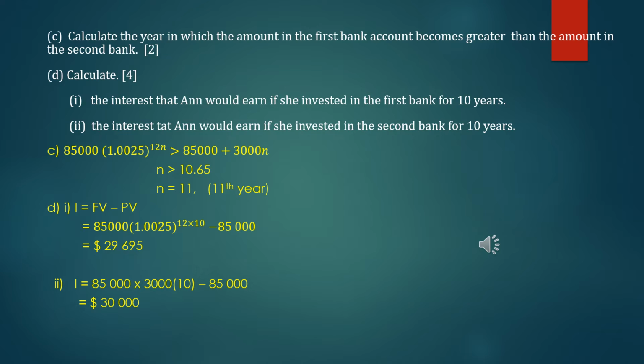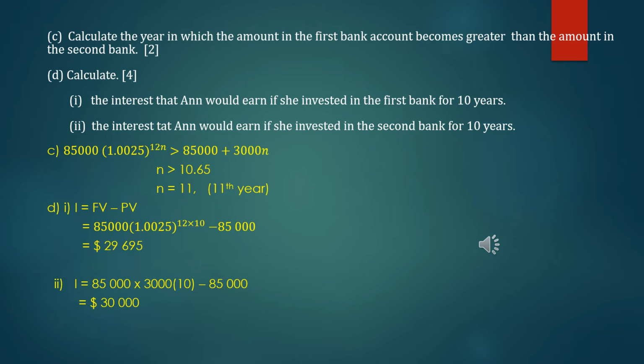Problem letter C. Calculate the year in which the amount in the first bank account becomes greater than the amount in the second bank. So we will be using the expressions in letter B. The first bank is greater than that of the second bank.